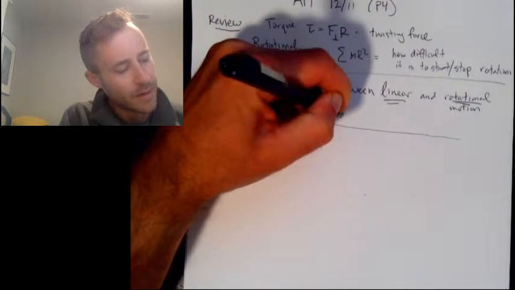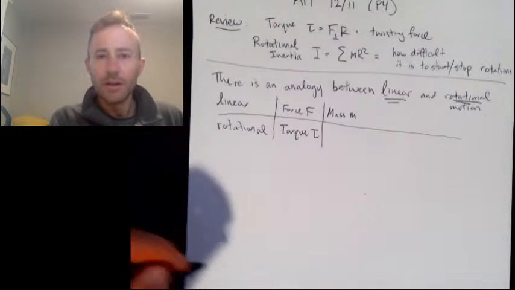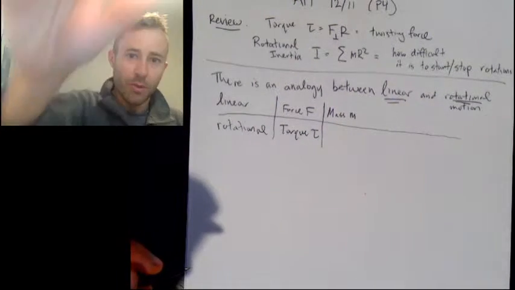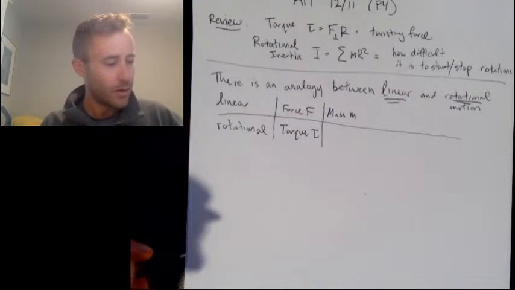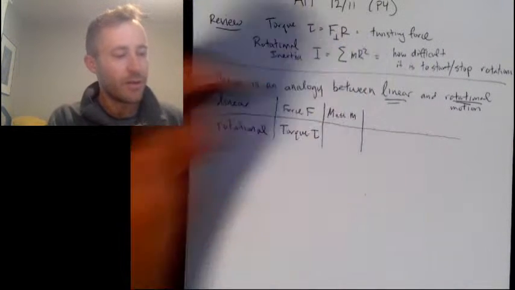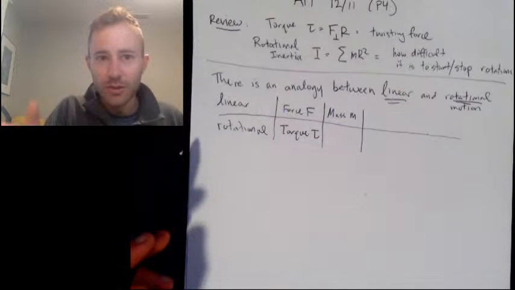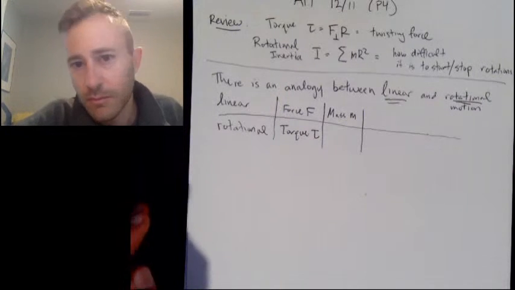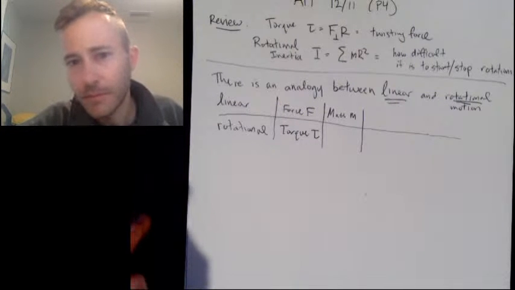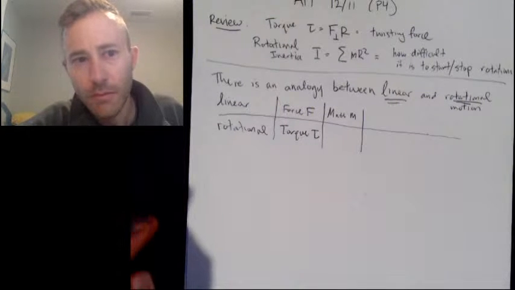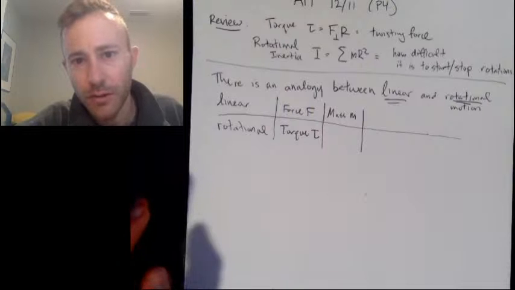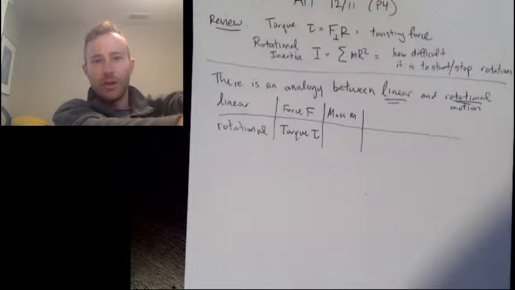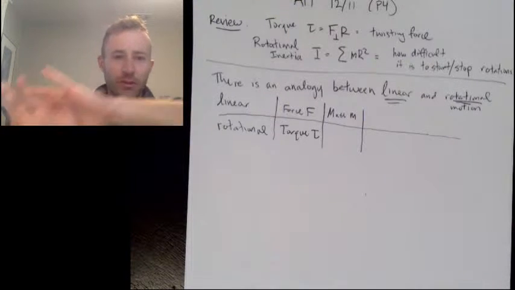Mass, M, determines how difficult it is to get something moving from point A to point B. What is the quantity that determines how difficult it is to rotate it between different angles? Type it into the chat if you know. Mass determines how difficult it is to go from one location to another location, to get something started moving.